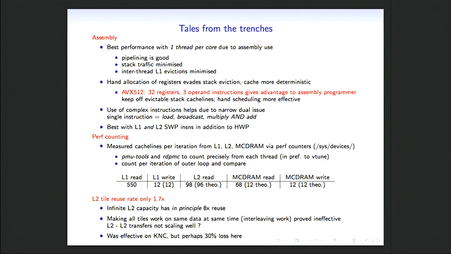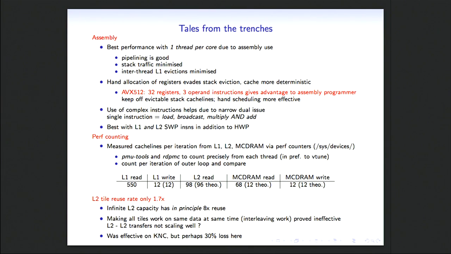Having done all that for 1 thread per core, inter-thread L1 evictions are minimized because there's no other thread. The L1 will behave deterministically, so I have complete control over what it's doing. The hand allocation was important because I don't have stuff that was in the stack, needed and reread by the core, being evicted by the data that I'm reading in an unpredictable way.